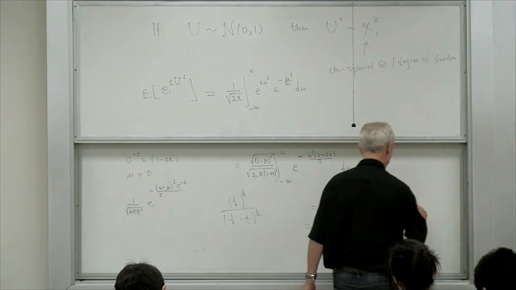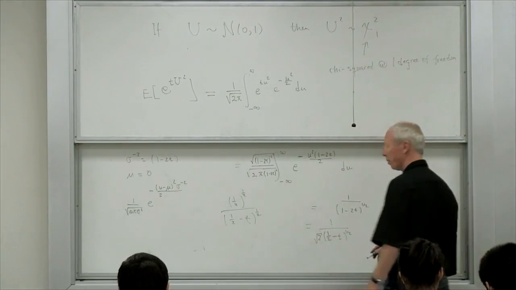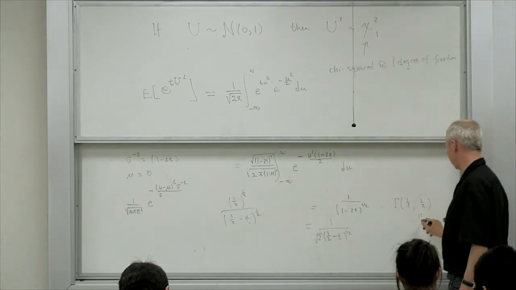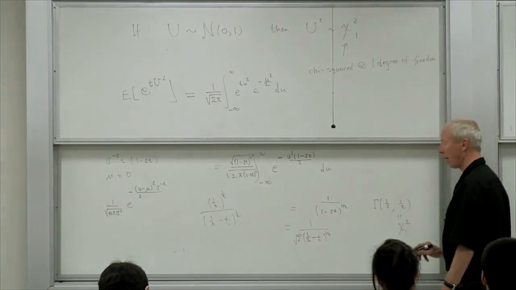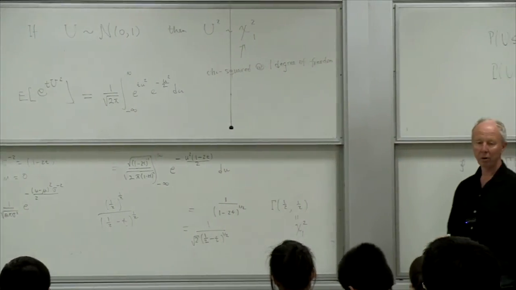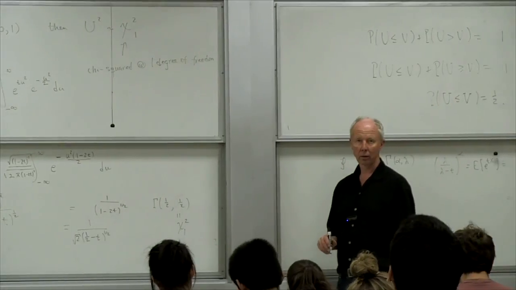So this chi squared with 1 degree of freedom is equal to a gamma with parameters 1/2. Okay.